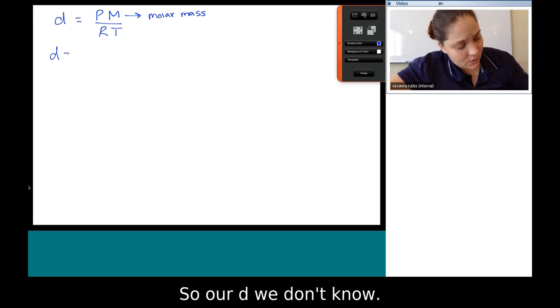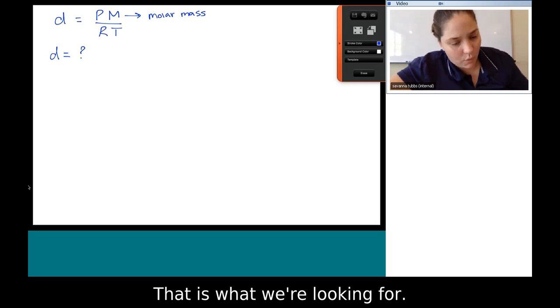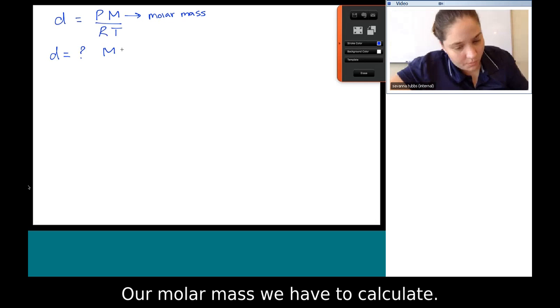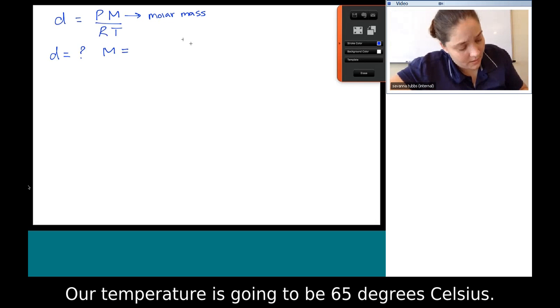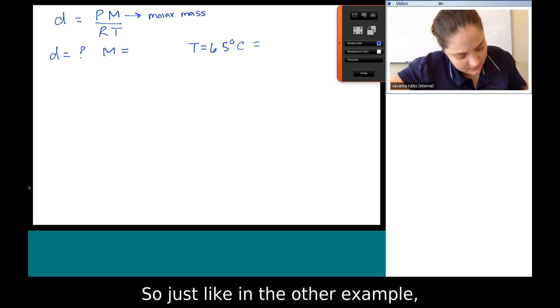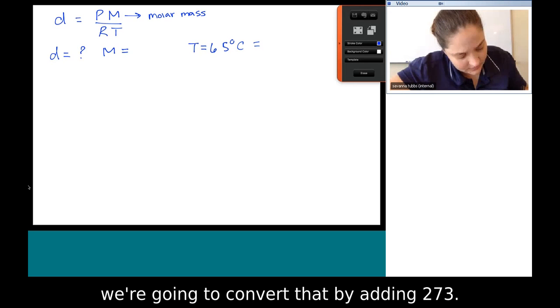So our D, we don't know, that is what we're looking for. Our molar mass, we have to calculate. Our temperature is going to be 65 degrees Celsius. So just like in the other example, we're going to convert that by adding 273.